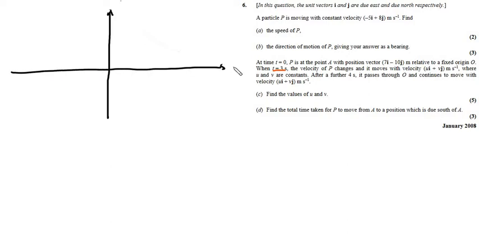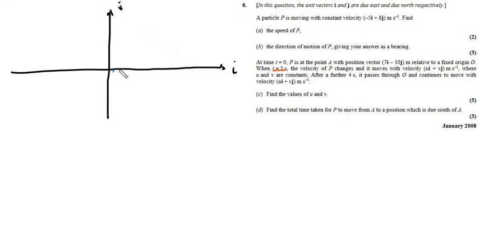Okay, so what's happening here? Let's just draw our axes. So this is i in the positive direction, and this is j in the positive direction. So at time t equals 0, p is at the point A with position vector 7i minus 10j. Let's just draw that on.